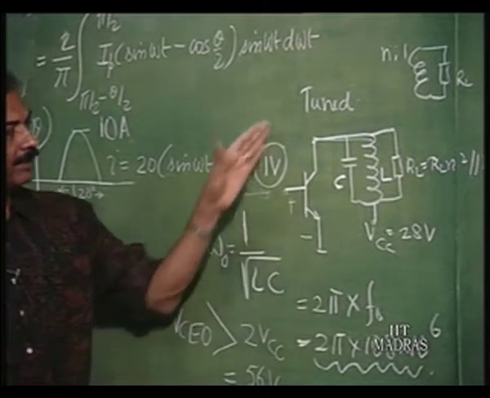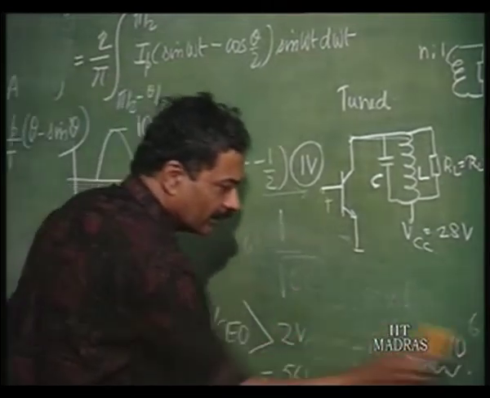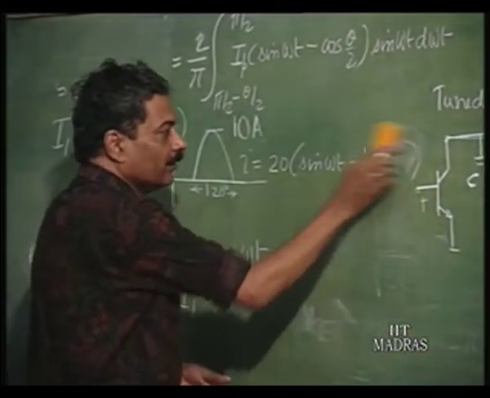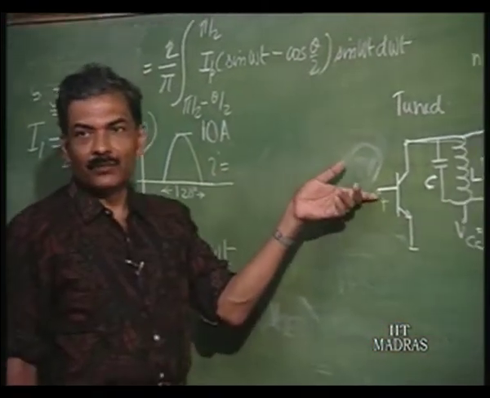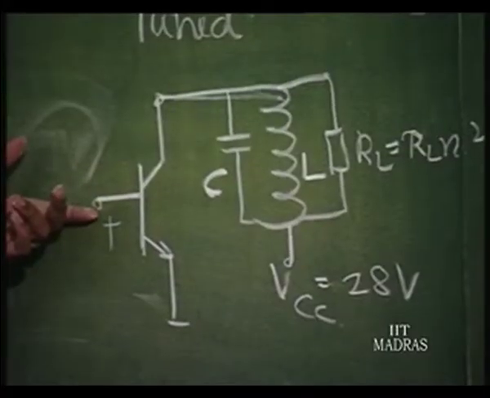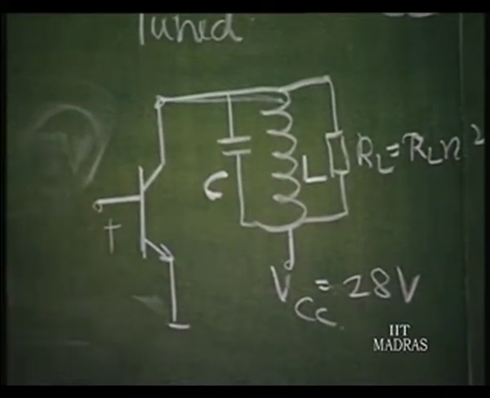We will therefore design the drive requirement of this particular power transistor in the following manner. As I told you, we can use a resistive network to introduce whatever voltage you require here, so that conduction can be much delayed and theta can be reduced.